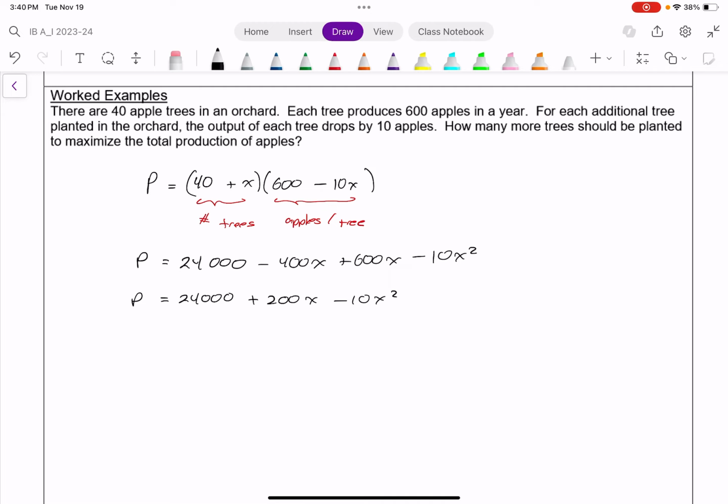All right, if I want to find the maximum number of apples we can produce, I first want to differentiate this. So I'll find the derivative of P, which in this case is 200 minus 20x, just using the power rule a couple of times. The reason the derivative is helpful is if I can make my derivative equal to 0, then I can find either a maximum or a minimum of this function.